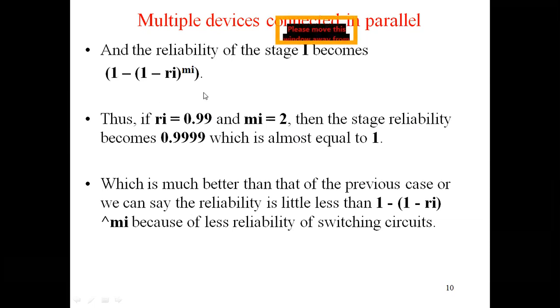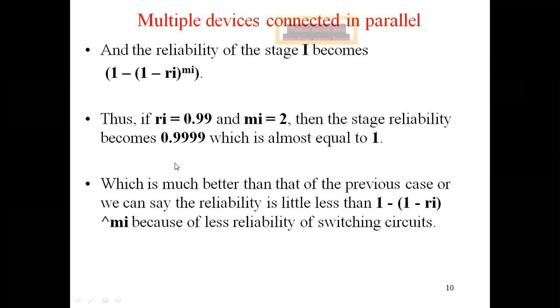This is the formula you can apply: 1 minus of 1 minus Ri power Mi. If you apply this formula by taking Ri equal to 0.99 and Mi equal to 2, then you will get the value 0.9999, which is almost equal to 1.